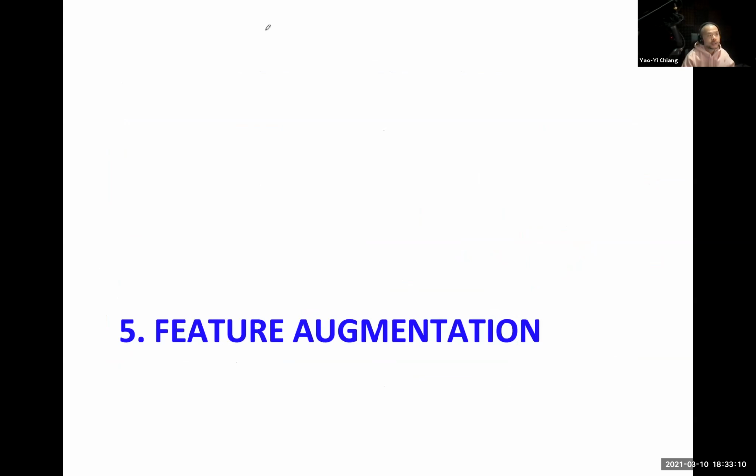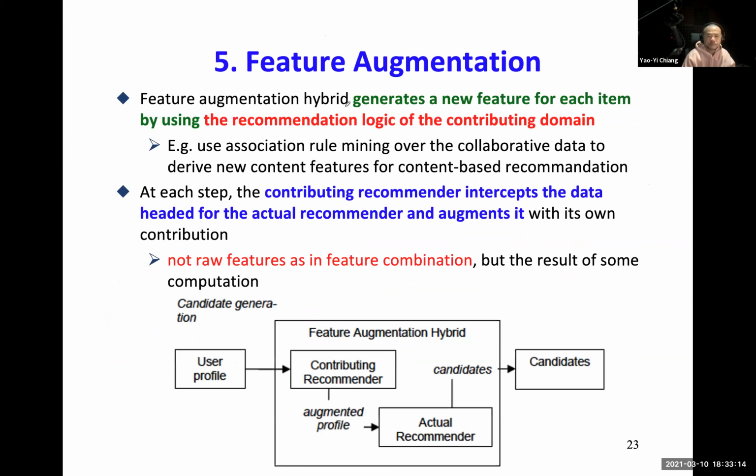Feature augmentation. Feature augmentation generates a new feature for each item because we are augmenting the feature by using some recommendation logic of a contributing domain. So again, you have a contributing recommendation system. For example, what you can do is use association rule mining over the collaborative data to derive new content features for content-based recommendation, right?